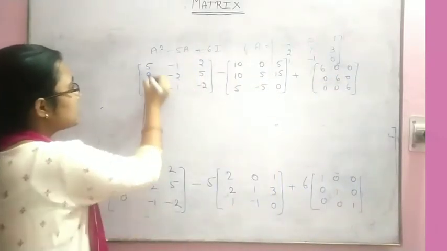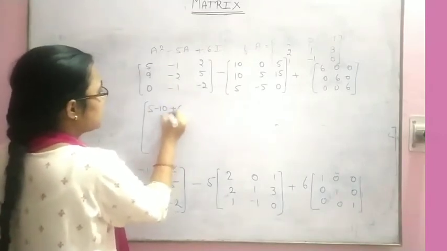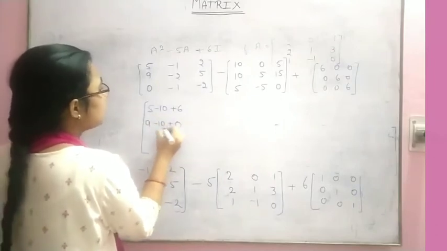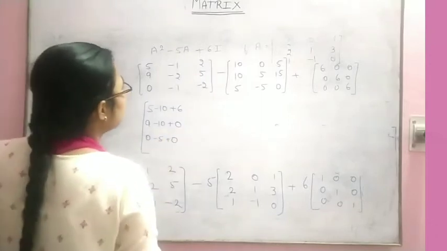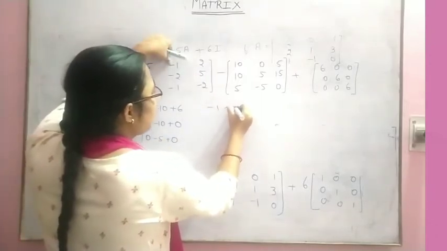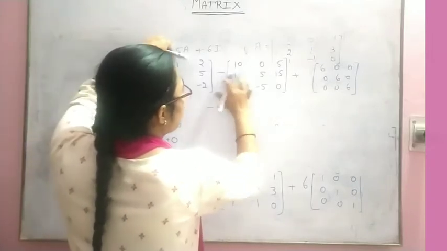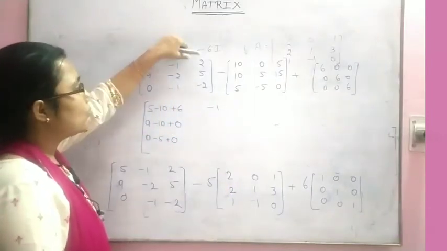Now solve all these. First is 5 minus 10 plus 6. Second element is 9 minus 10 plus 0. Third one is 0 minus 5 and then 0. Minus 1 minus 0 and 0. So this will be total 0. We get only minus 1.